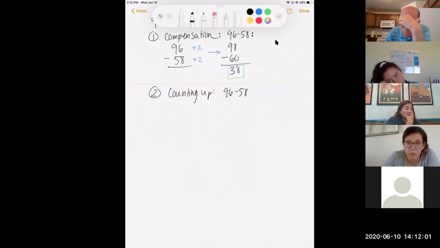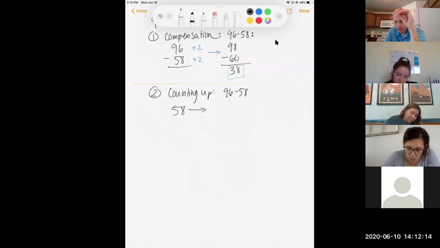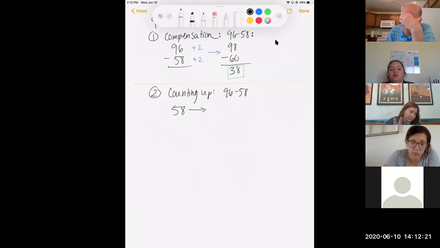You would count the difference starting at 58, like if you're doing it on a number line, and then count the spaces between the 58 and the 96. Okay, and we count them strategically to make it easier. What number would I add to 58, do you guys think, to help start counting up? 2. So you add 2 to get up to 60.